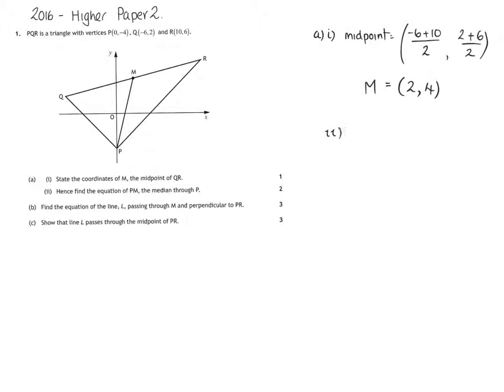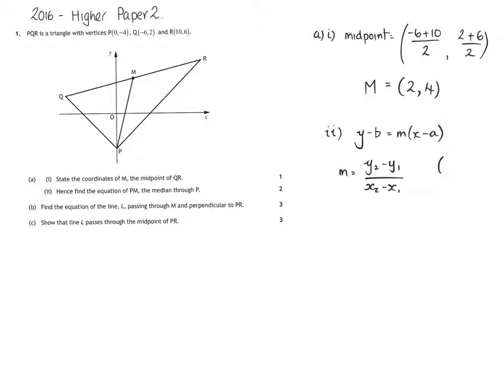So part 2 asks us to find the equation of PM, the median through P. So y minus b equals m times x minus a for the equation of a straight line. We know the point M and we know the point P, so we can find our gradient. So m equals y2 minus y1 over x2 minus x1.